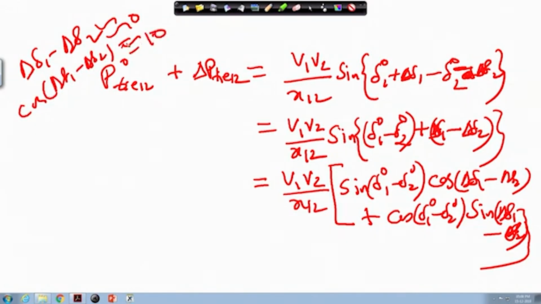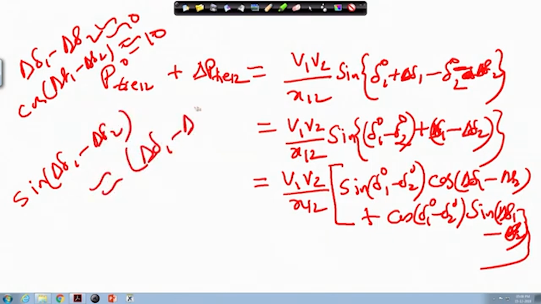Similarly, as delta delta 1 minus delta delta 2 is very small, sine of delta delta 1 minus delta delta 2 is approximately equal to delta delta 1 minus delta delta 2. You know, if theta is very small, sin theta is equal to theta. So, therefore, sine of delta delta 1 minus delta delta 2 will be delta delta 1 minus delta delta 2, right.